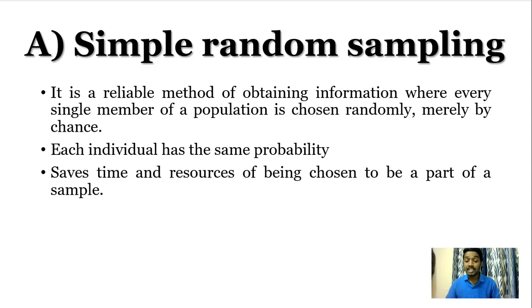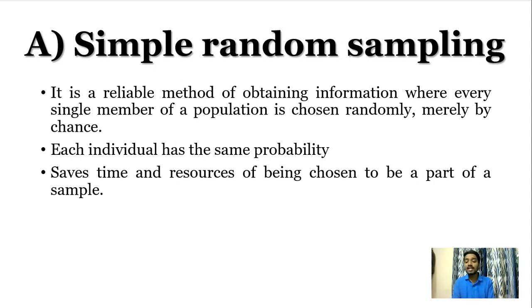Then each individual has the same probability. So in simple random sampling, each and every individual has the same probability of getting selected, because random sampling gives a chance to each and every member of the population, and it gives an equal opportunity of being chosen to be part of the sample.